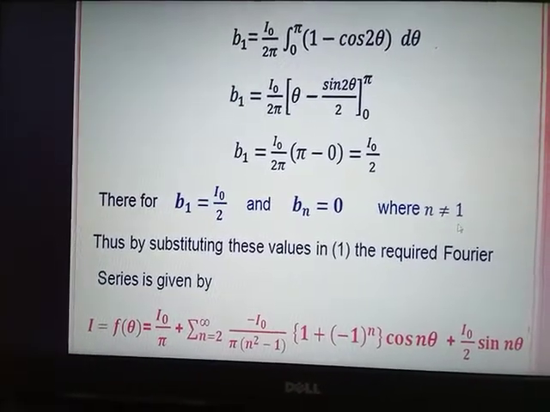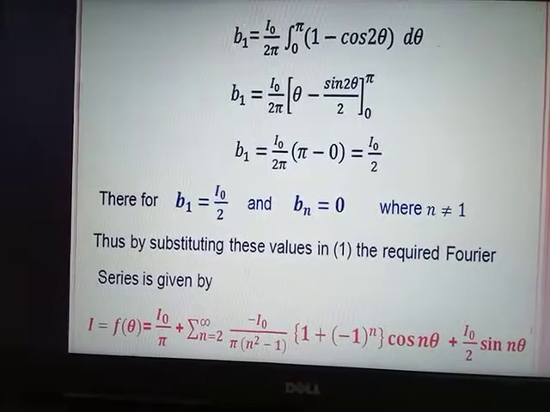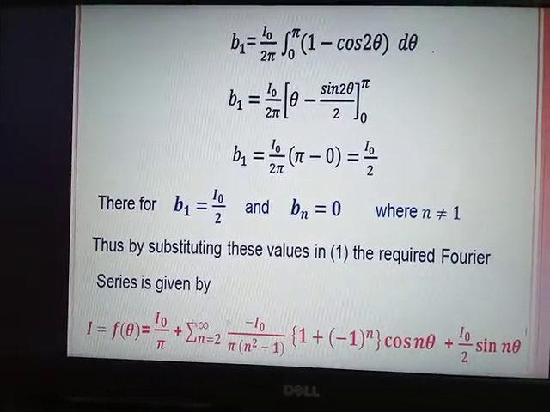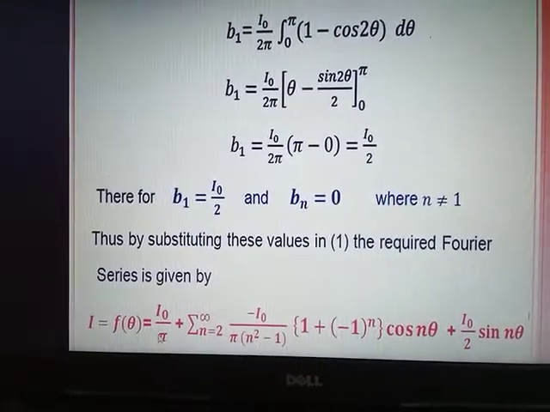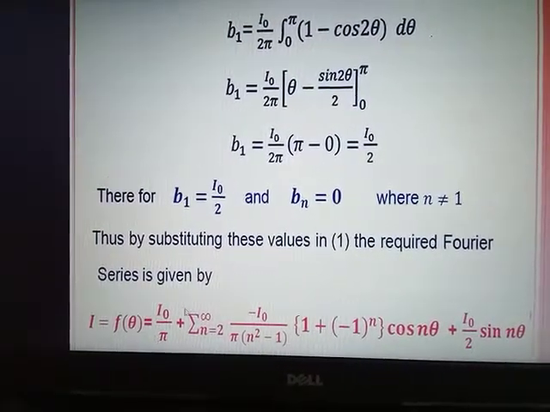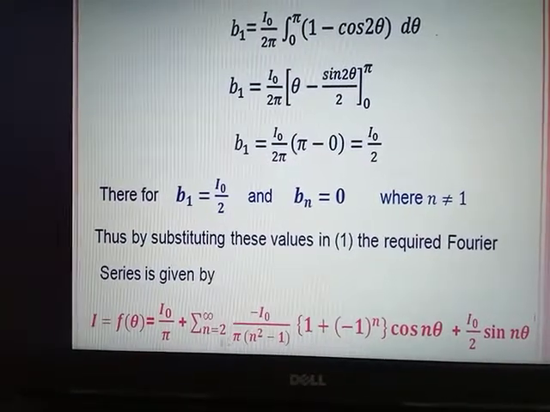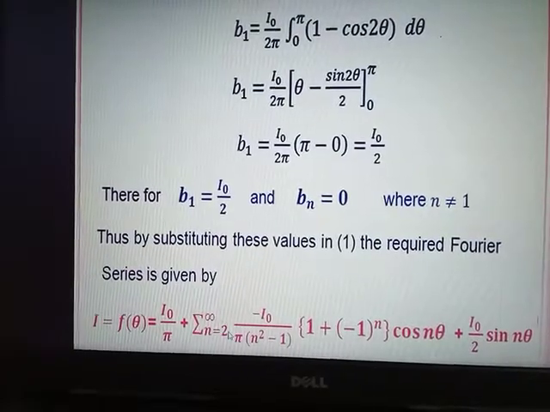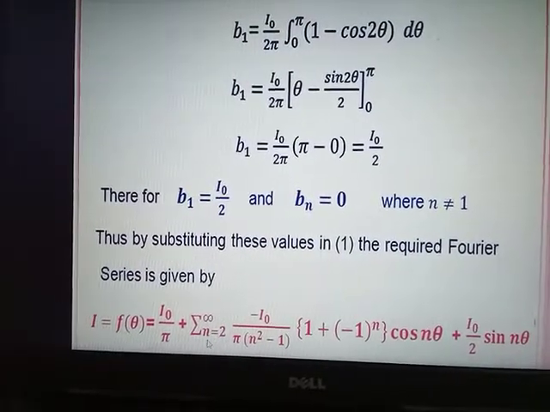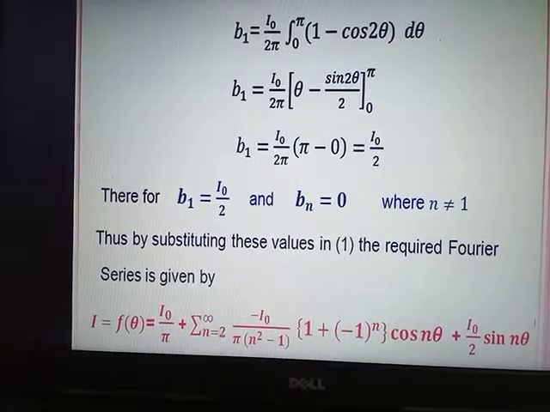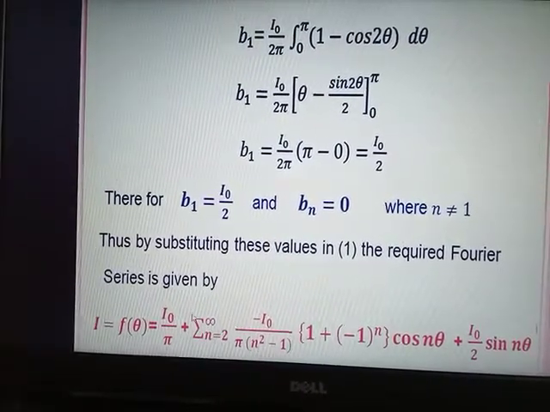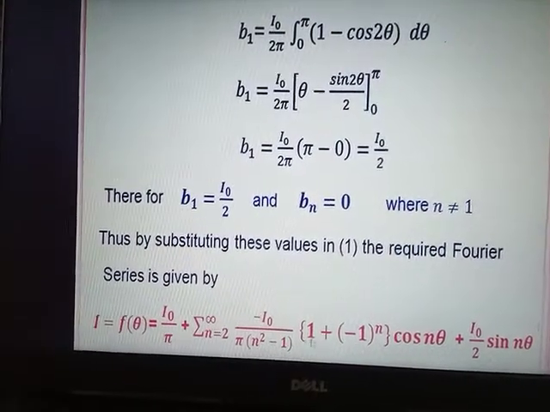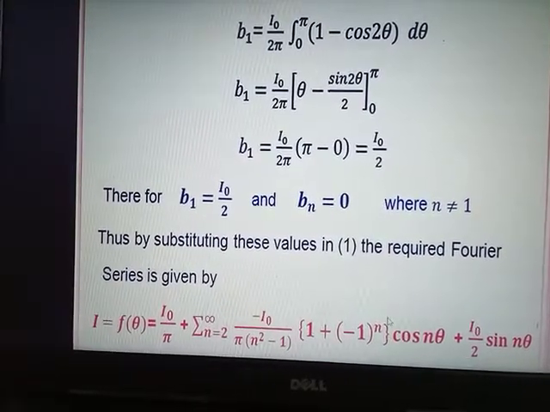Thus, by substituting these values in equation 1, the required Fourier series will be f of theta is equal to I naught by pi plus summation n running from 2 to infinity, because here n is not equal to 1 and also we are finding the Bn value. Here we have to take the limits from 2 to infinity, therefore summation n running from 2 to infinity I naught divided by pi into (n square minus 1) into (1 plus (minus 1) raised to n) cos n theta.